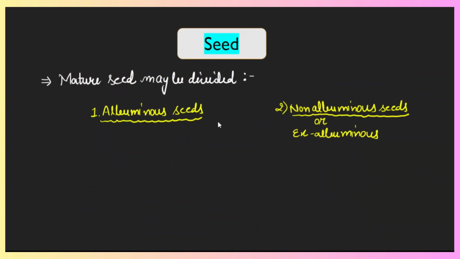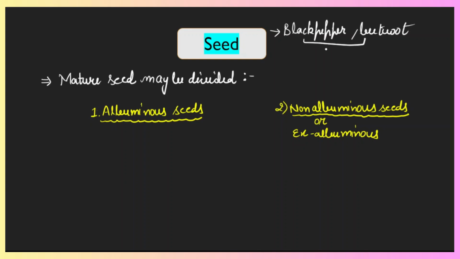Now, if we see the structure of the seed in some seeds like black pepper and beetroot, these examples are very important.